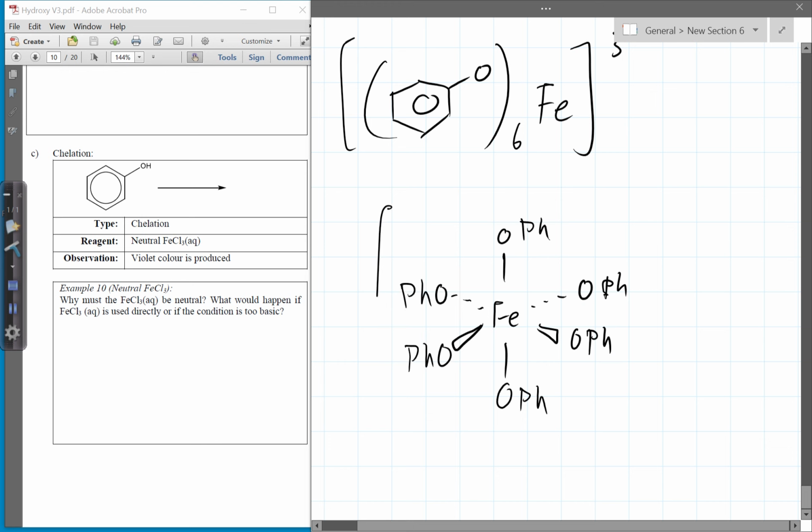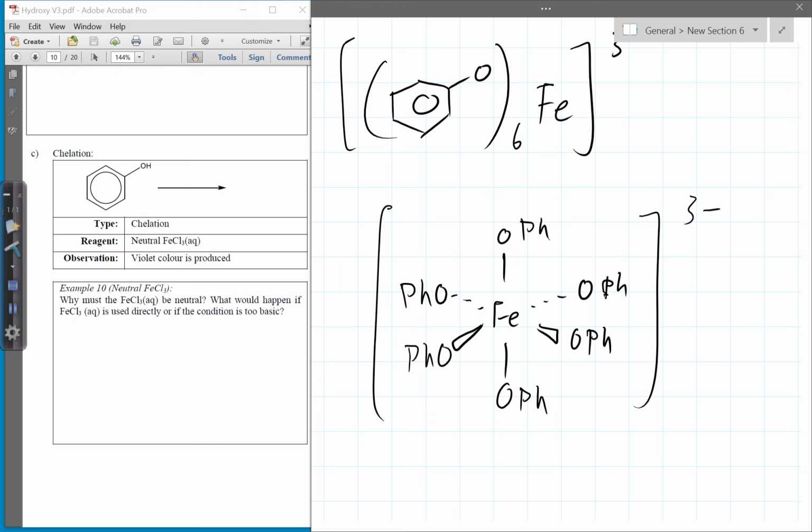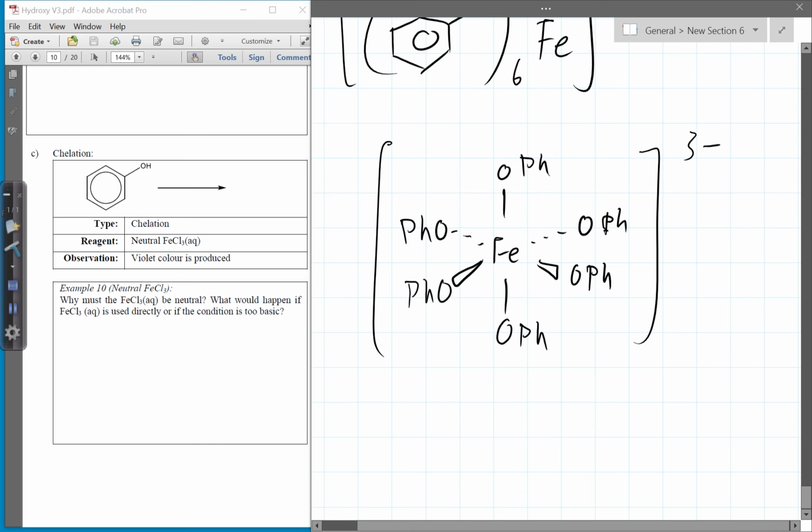Overall 3 minus. When you learn transition elements, you'll know why this will give you a violet color. Why are transition elements mostly colored? And you'll learn how to draw structures like this, which you're probably going to learn, I think, in May or July.